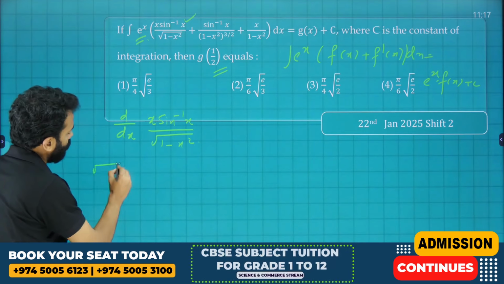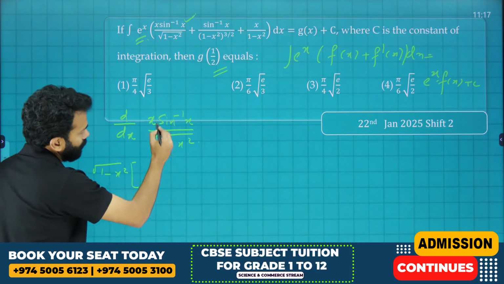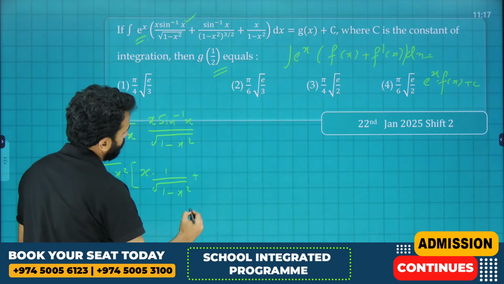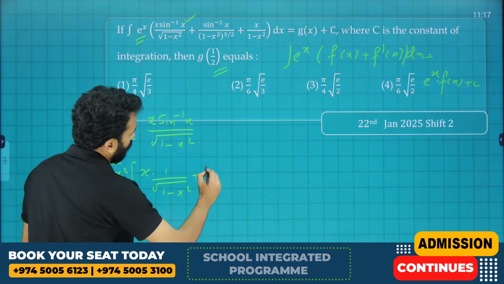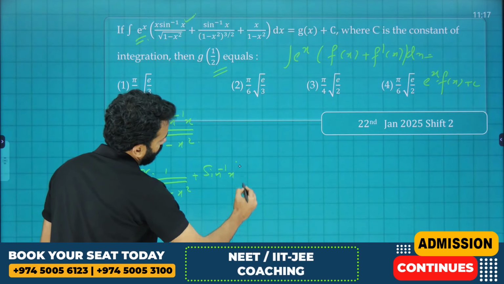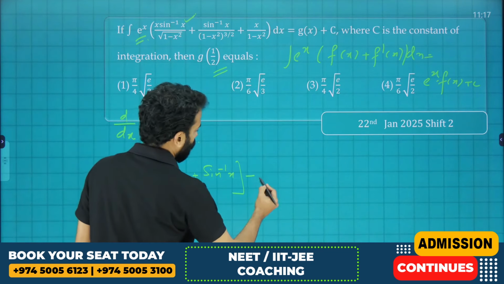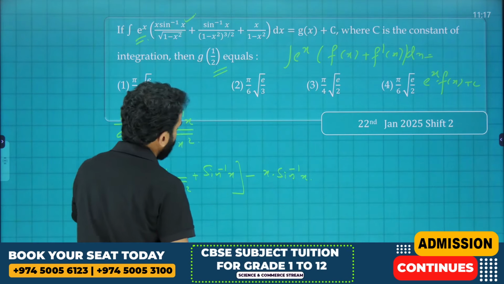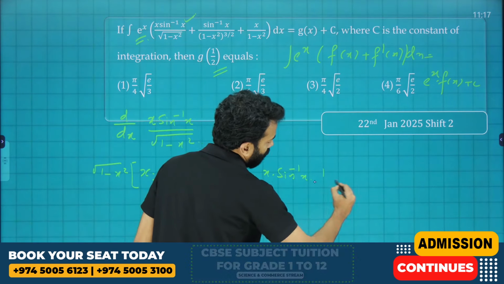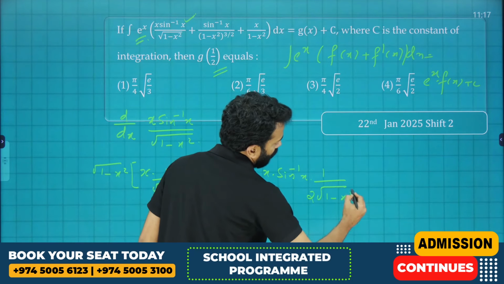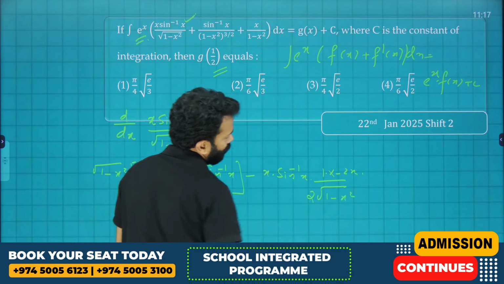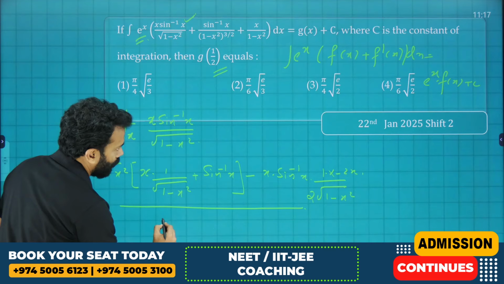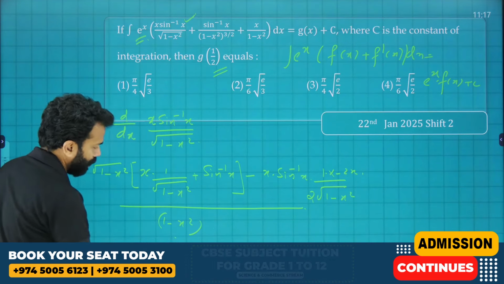Therefore, it will be root 1 minus x square into the derivative of the numerator: x into 1 by root 1 minus x square plus sine inverse of x into 1, and minus x sine inverse of x into the derivative of root 1 minus x square, that will be 1 by 2 root 1 minus x square into minus 2x. And divided by root of 1 minus x square the whole square, that is 1 minus x square itself.